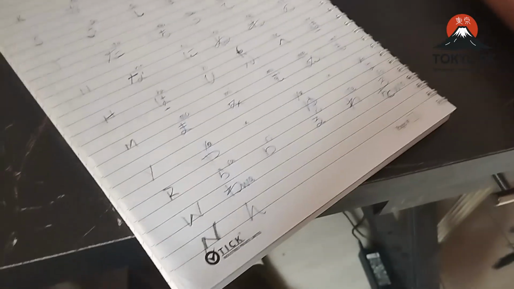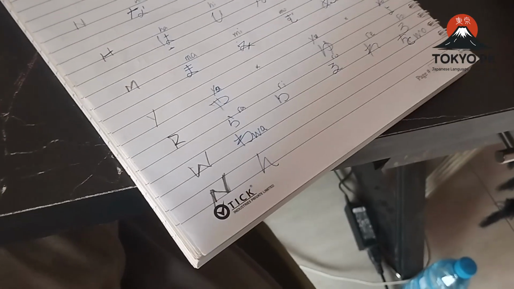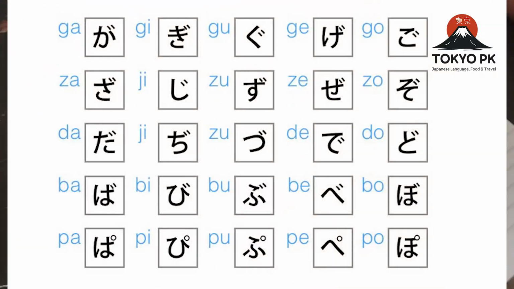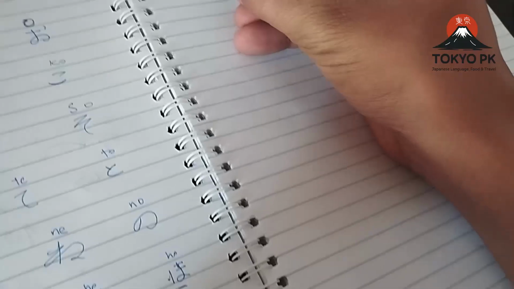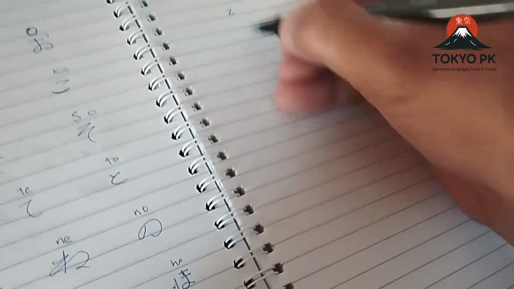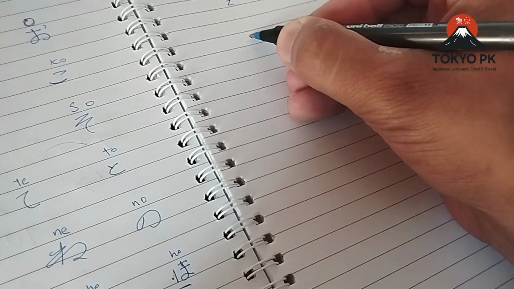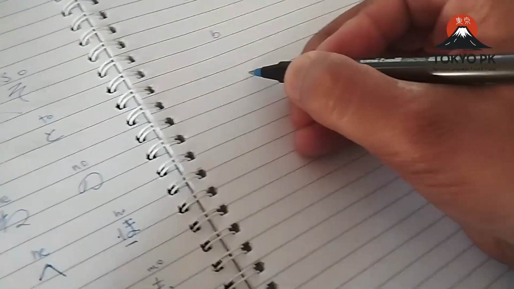Not very difficult to write, but still a lot of practice needed. And then there are others which are formed by adding double dots and circles to the upper right corner of these hiragana that we have learned. These add to the meaning of these. So there is the ga sound, there is the za sound, the da sound, the ba sound, and the pa sound.